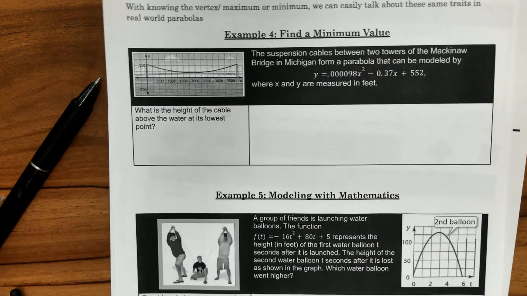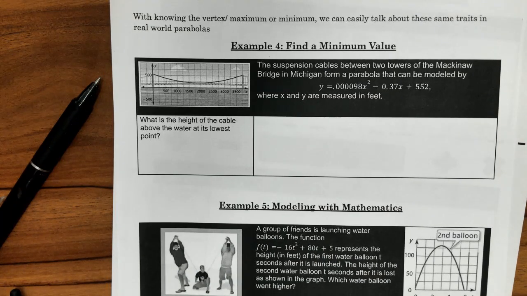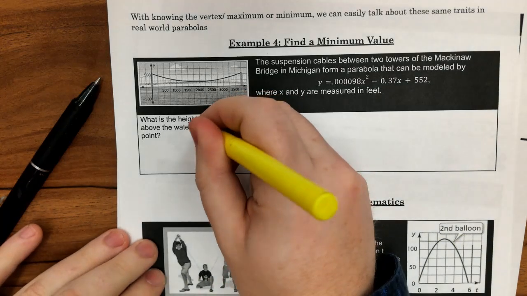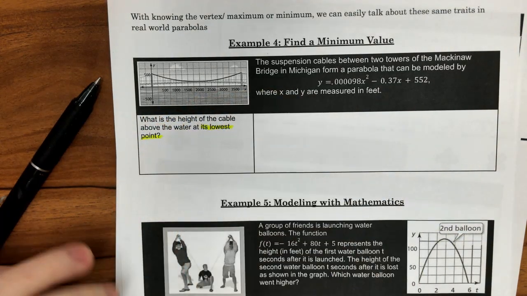So, let's talk Michigan. The suspension cables between 2 towers of the Mackinac Bridge in Michigan form a parabola to be modeled by this equation, where y and x are measured in feet. It's asking us to find the height of the cable above the water at its lowest point.